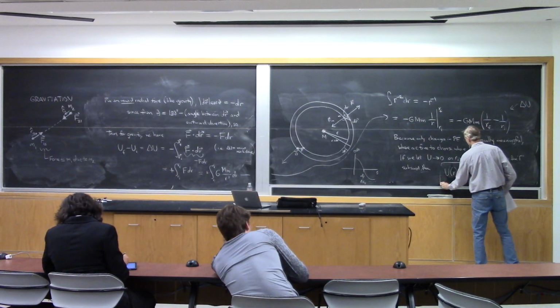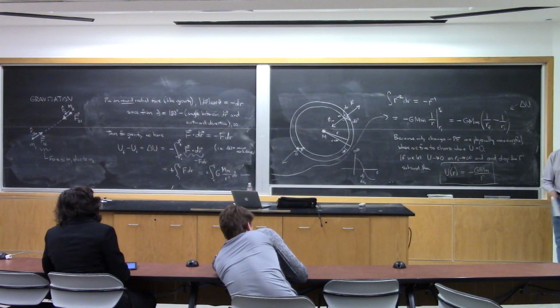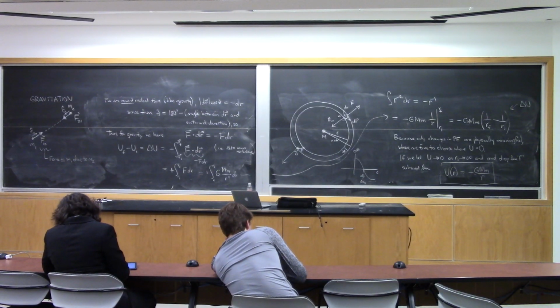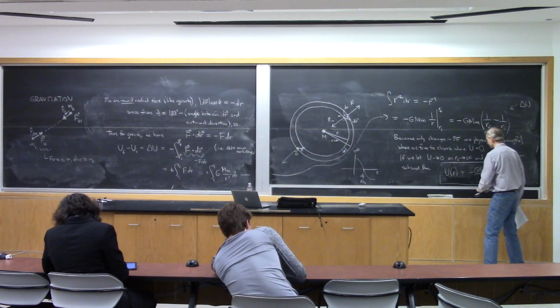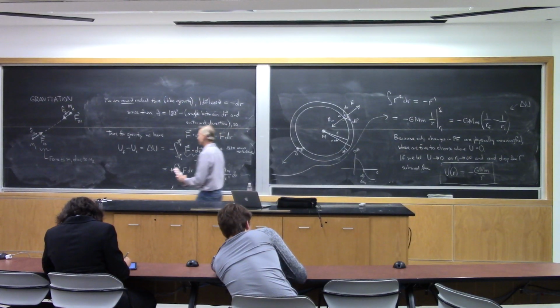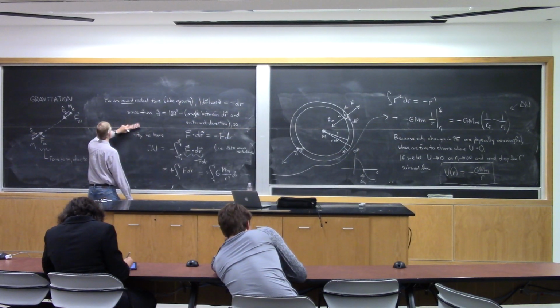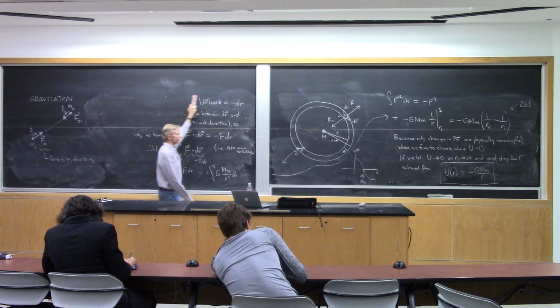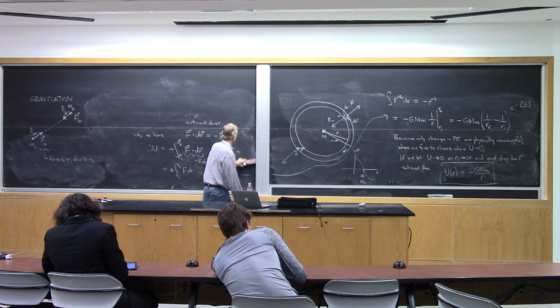And that's so important it gets a box right there. So that's what we usually do. We say potential energy 0 at infinity, in which case anywhere else it's minus G M m over r.